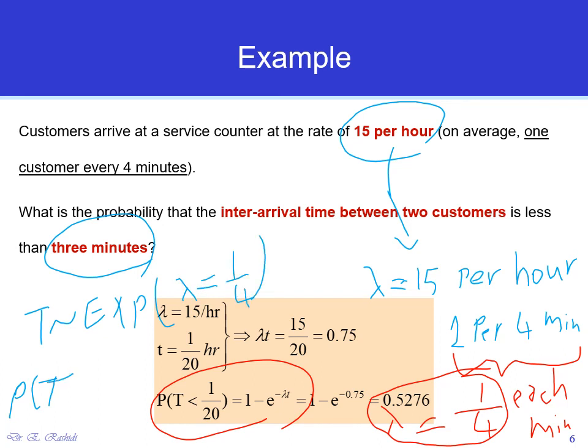We are looking for the probability that t is less than 3 minutes, and that is equal to 1 minus e to the power negative lambda, which is 1/4, multiplied by t, which is 3. So again, this would be 1 minus e to the power negative 0.75, which is the same as 0.5276.